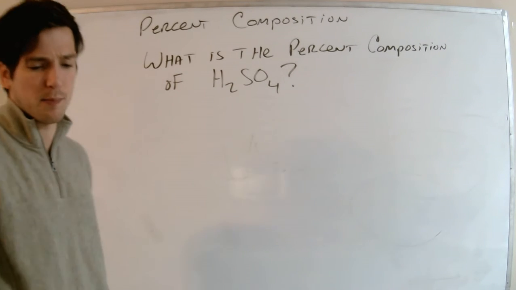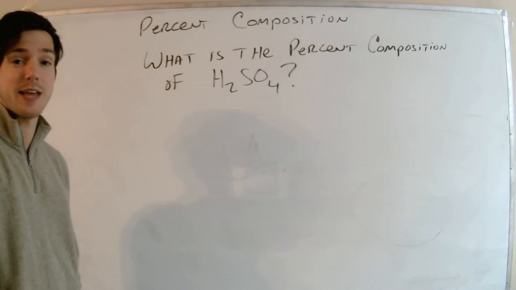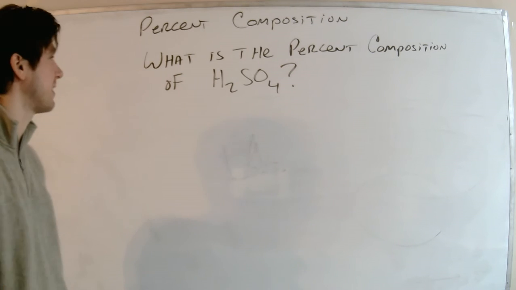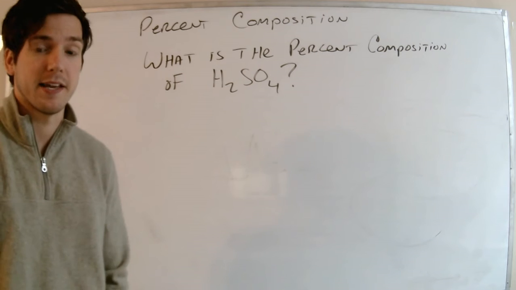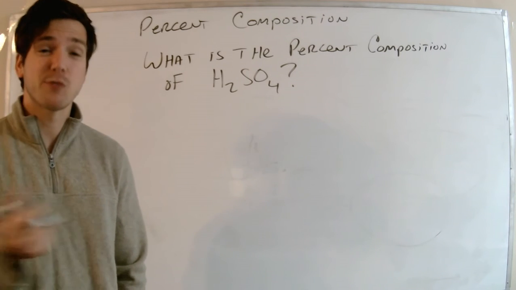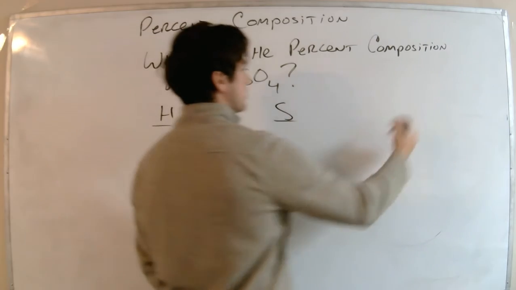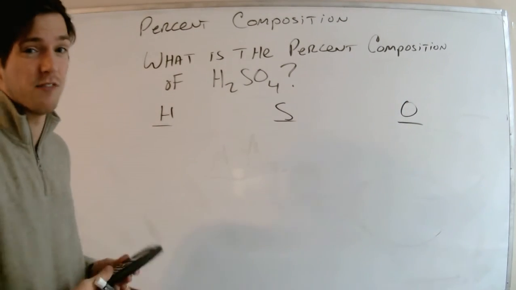So now I want the percent composition of this H2SO4. That means I'm not just finding the percent composition of 2 elements, I am finding the percent composition of 3 elements: hydrogen, sulfur, and oxygen. First things first, I'm going to put a little column here for each one. I'm going to figure out the molar mass of all of this together.